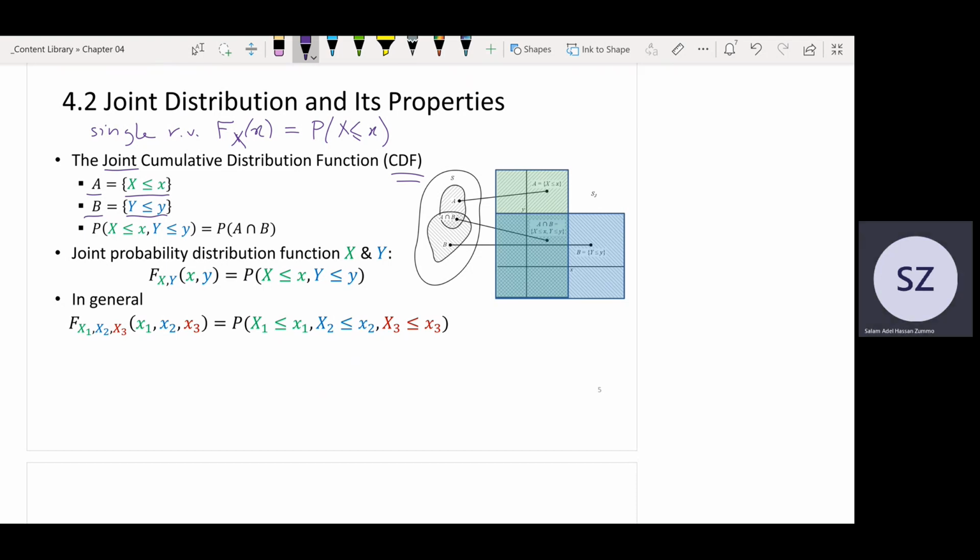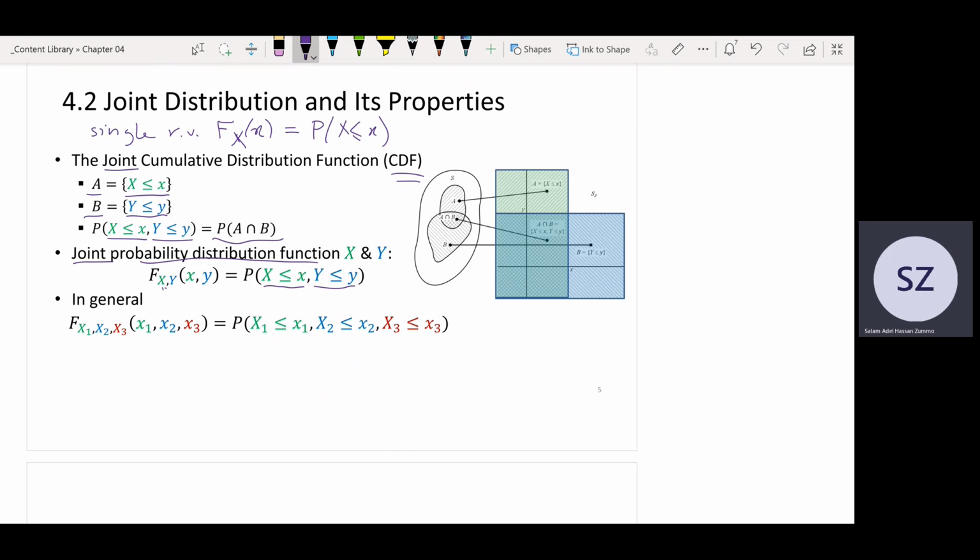Then you can define the joint probability that X is less than or equal to a specific x and Y is less than or equal to a specific number y, which is the intersection between A and B. Okay. Now the joint CDF is equal to the probability that X is less than or equal to x and Y is less than or equal to y. And it's defined as this.